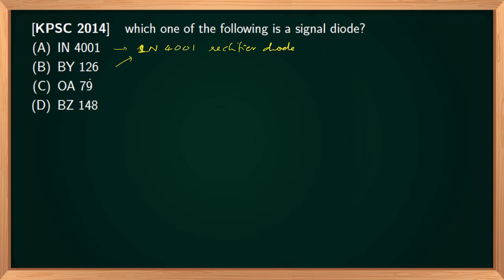BY126 is also a rectifier diode having a current rating more than that of a signal diode. OA79 is a germanium diode used in radio detectors as a signal diode, and BZ147 is a Zener diode. So the signal diode is OA79.